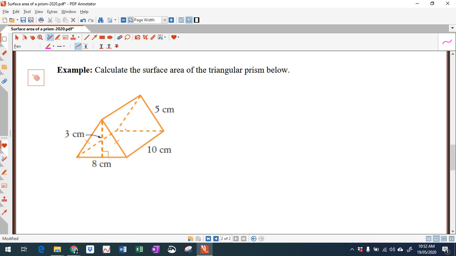Well, the next one we've got a triangular prism. So find the surface area. Let's start off with the bottom. Bottom is 8 by 10, which is 80 centimetres squared. Then let's look at the sides. Now in this triangle, the sides are identical, aren't they?